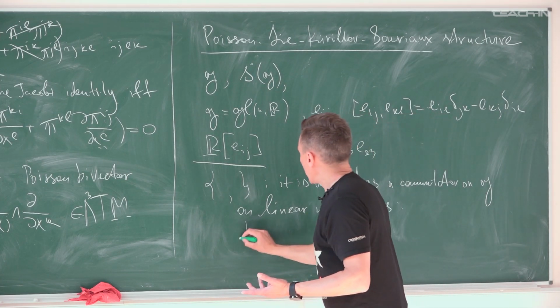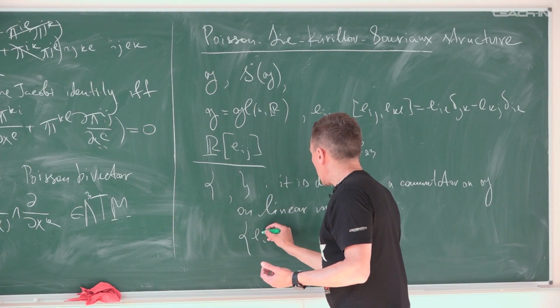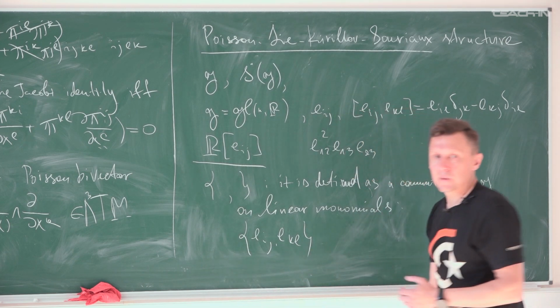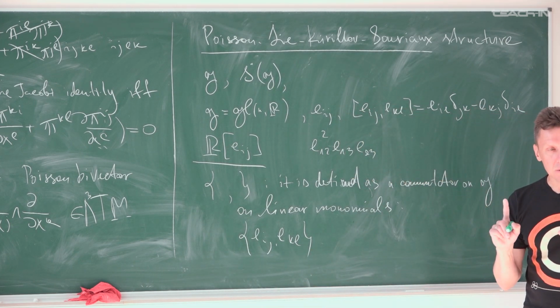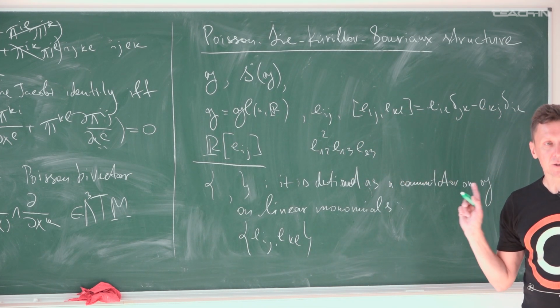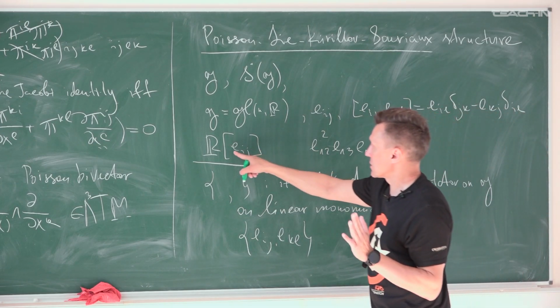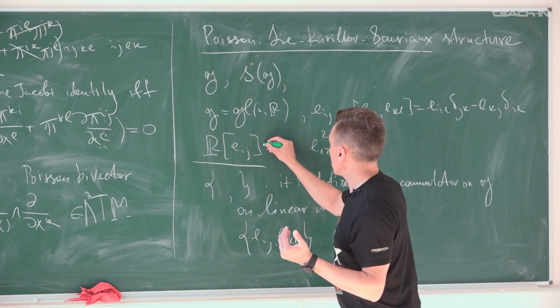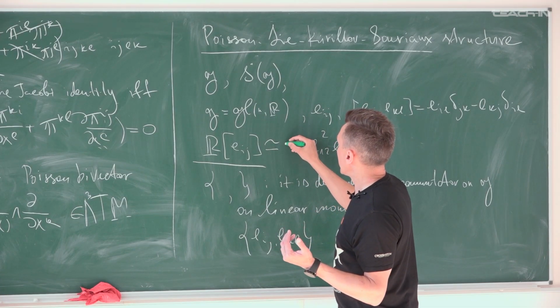What does it mean? It means that for E_ij and E_kl, the Poisson bracket of these functions, because they are functions, they are some polynomials.